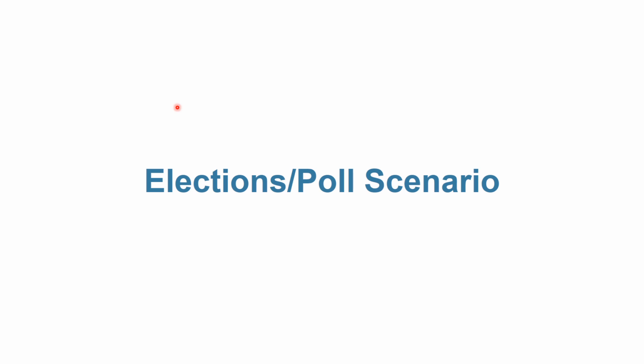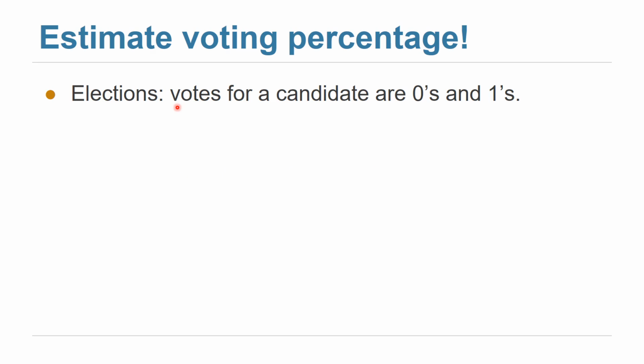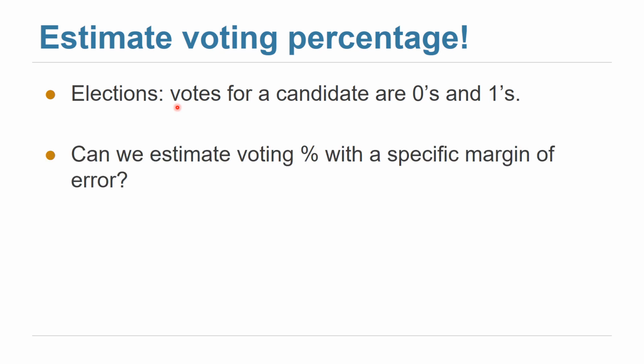Now let's apply that on a very interesting example, which is the elections example. So in this example, we have an election, and let's say that we have a candidate for which we want to estimate the voting percentage. Now we can say that the votes for the candidate are zeros and ones.